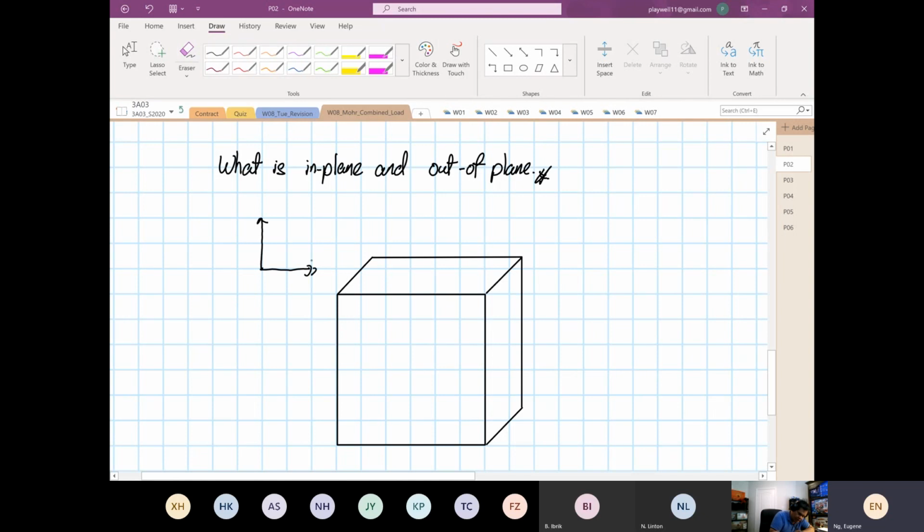So this is X, Y, and this is our Z. We know that this plane over here is our YZ plane. This plane over here is your XZ plane.